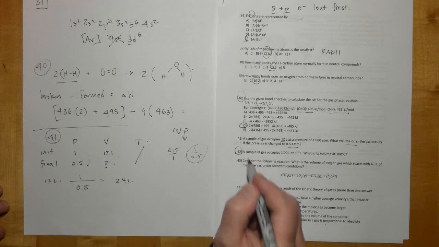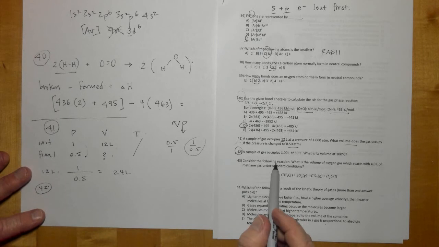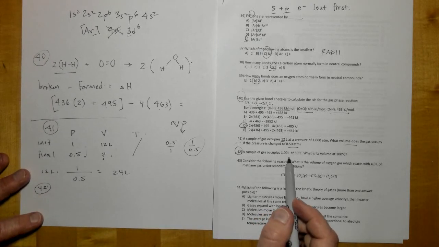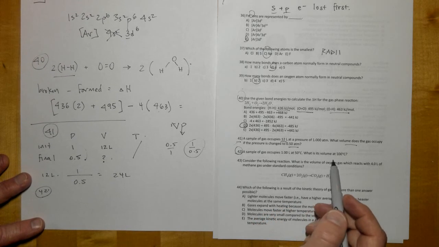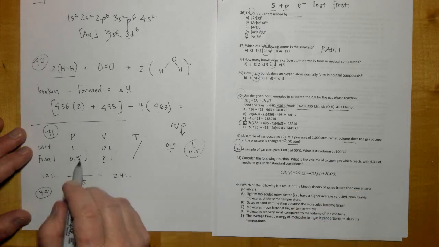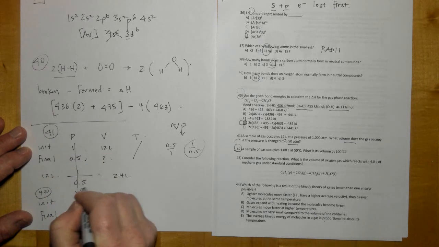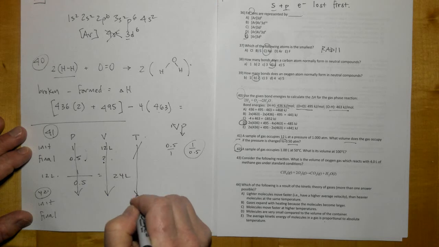Number 42. A sample of gas occupies 1 liter at 50 degrees Celsius. What is its volume at 100 degrees Celsius? So let's just use the same organization right here. Initial, final, here's our pressure, here's our volume, here's our temperature.